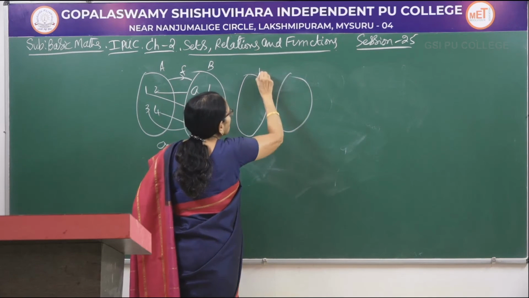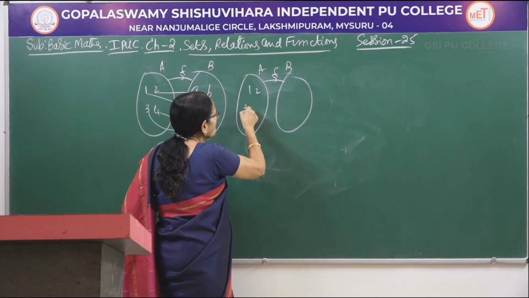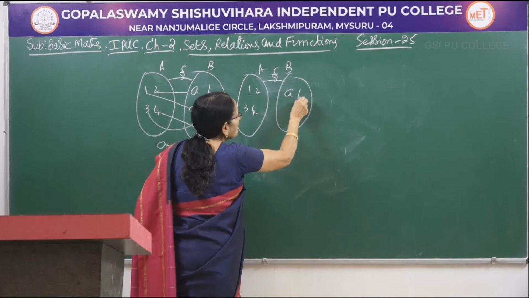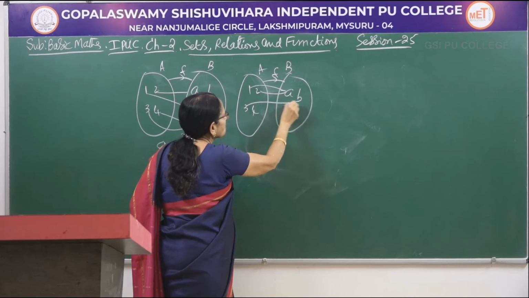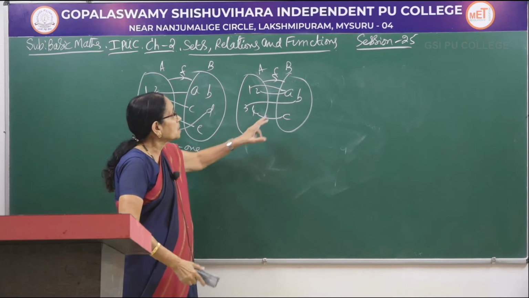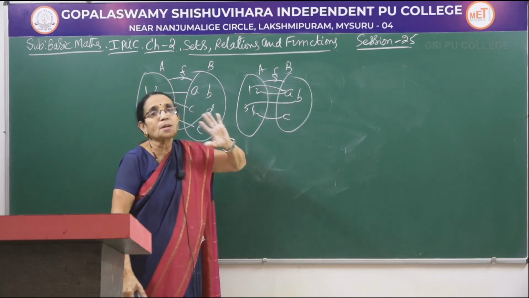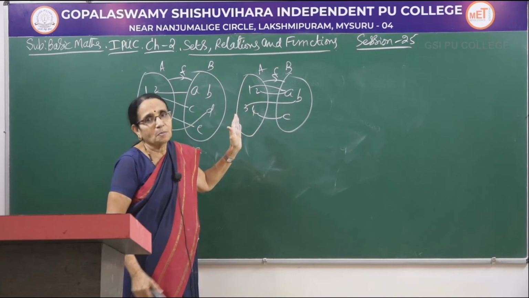Now, let me consider another diagram. 1, 2, 3, 4, and A, B, C. What type of function is it? Look, A, B, C. There are only 3 elements in the codomain. All of them have pre-images.